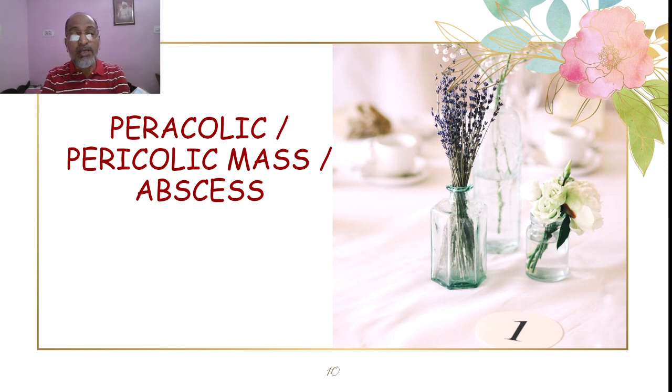So the paracolic and pericolic mass or abscess can form because of infection. Acute diverticulitis can turn into a pericolonic abscess or a mass, and this abscess gives rise to fever, tachycardia, and unresolving abdominal pain.